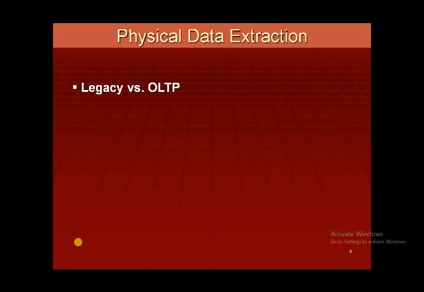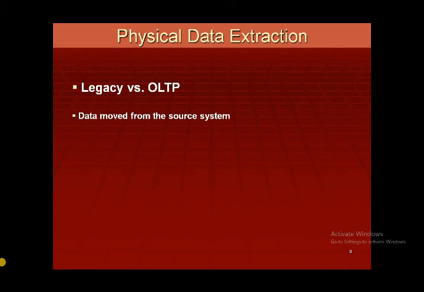So when the data is extracted from the OLTP system and moved from the source system to our data staging area, there are different strategies you can follow to enhance performance or to free up space on the OLTP system. We can remove the data from the OLTP system, or we can copy the data from the OLTP system to another format that can be stored on the system, let's say a flat file.